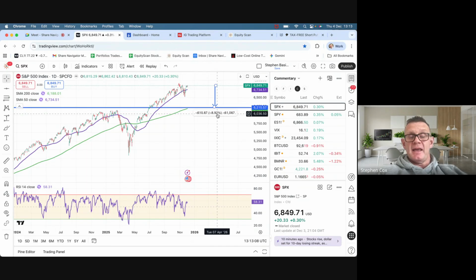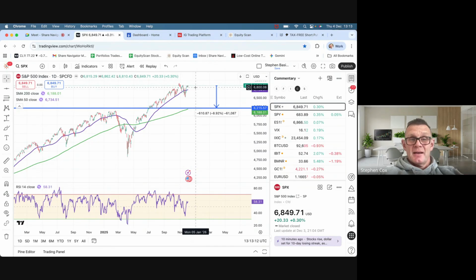Actually, it could happen in a day, and you're right. But when you're trading an index, the S&P 500 doesn't move as volatile as anything else. And statistically speaking, that's a 2 standard deviation move. In other words, you have less than a 5% chance of that happening in the next 2 weeks.